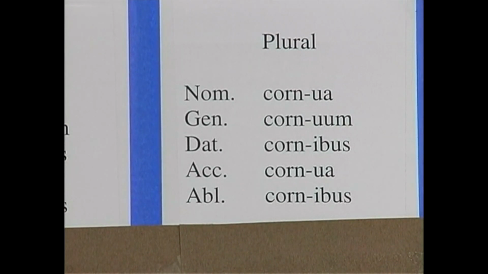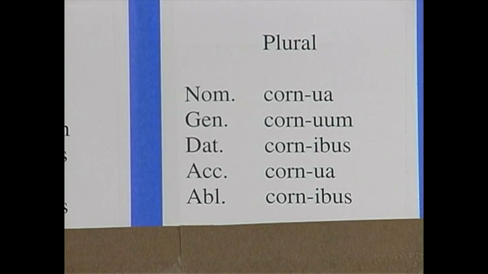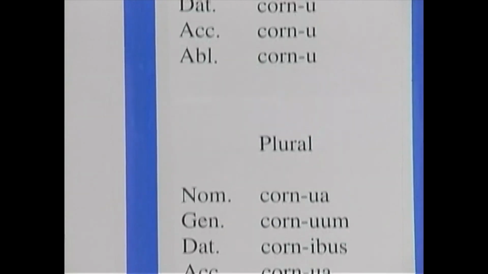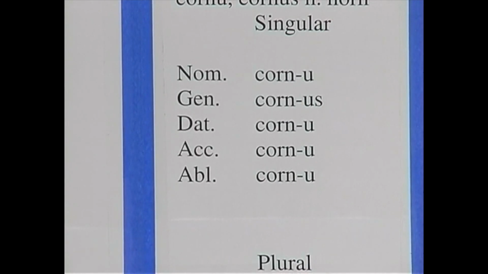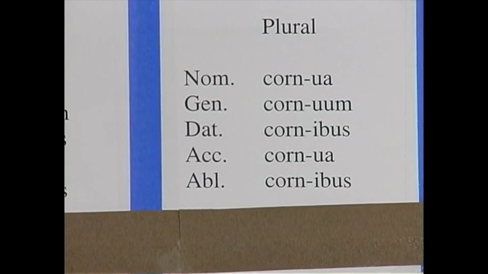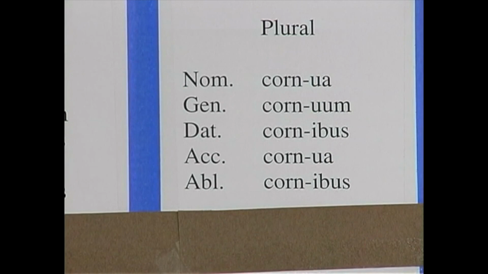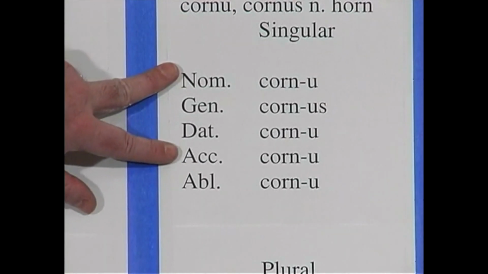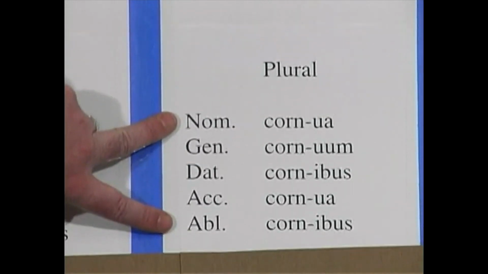The endings for neuter nouns of the fourth declension, u, us, u, u, u, plural, ua, uum, ibus, ua, ibus. Notice nominative and accusative are the same, singular and plural.